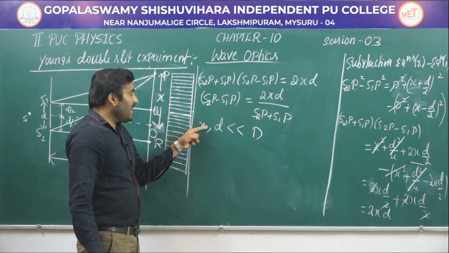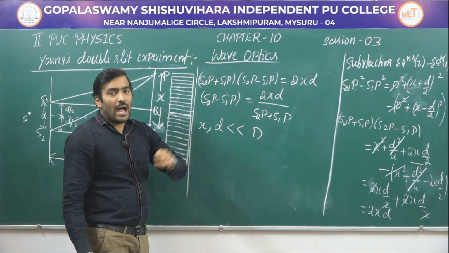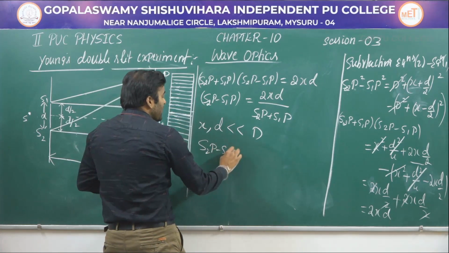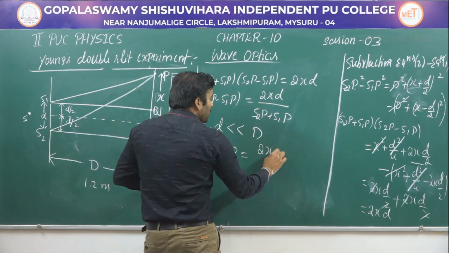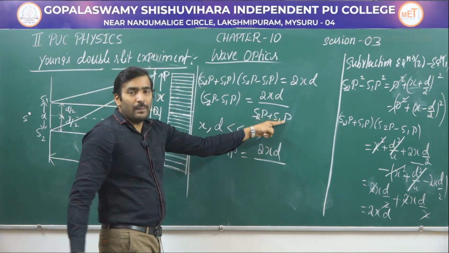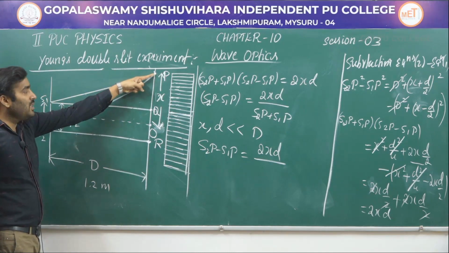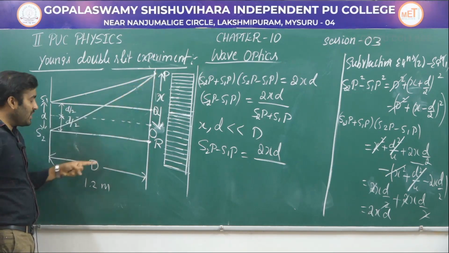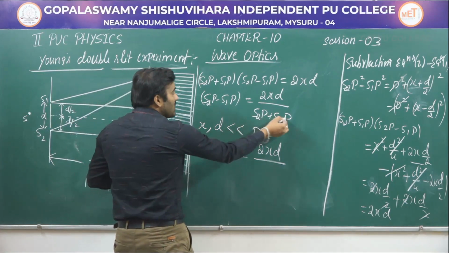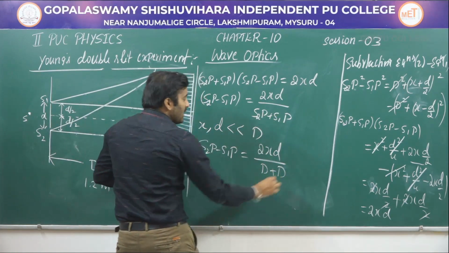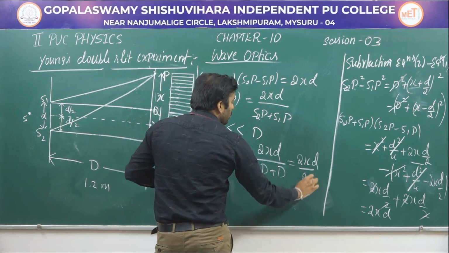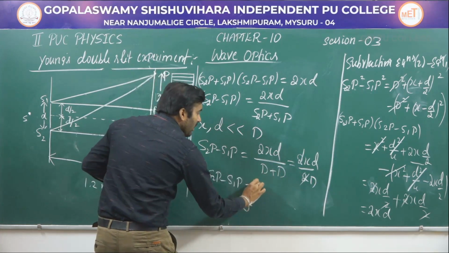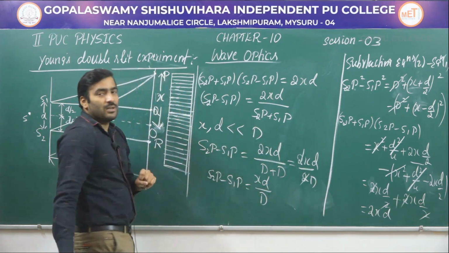That is why the distances x and d are negligible when compared to the capital D. So by assuming this condition, keep LHS as it is, S2P minus S1P is equal to 2x into d divided by S2P plus S1P, which means this point P is very much close to this O. That is why the distances S1P and S2P are almost equal to the capital D. Therefore, if these two are equal to D, we will get D plus D here. Therefore, 2xd divided by 2D, and cancel these two. Therefore, we obtain S2P minus S1P is equal to x into d divided by capital D.